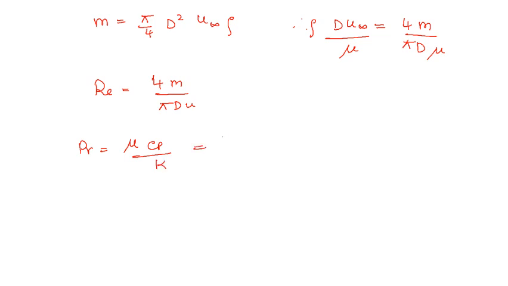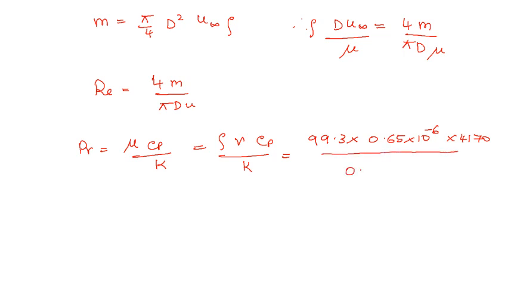Since we know the density and kinematic viscosity, instead of mu we can write rho into kinematic viscosity, divided by thermal conductivity K. That turns out to be 99.3 into 0.65 into 10 to the power minus 6 into 4170 divided by the K value, that is 0.61, and the Prandtl number comes to be 4.41.